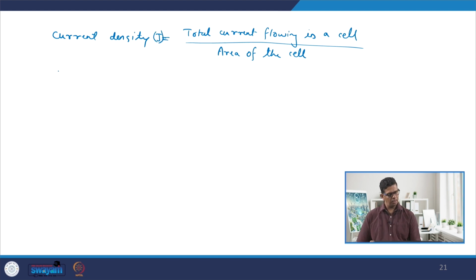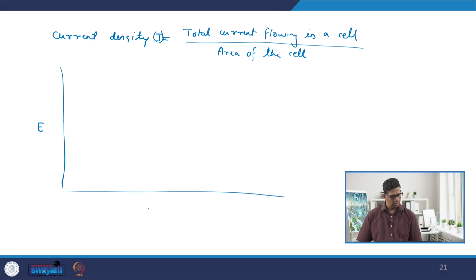And if we now try to plot the characteristic curves of these cells, we will be very surprised to see, let me use the same colors, that the cell having higher area performs inferior.